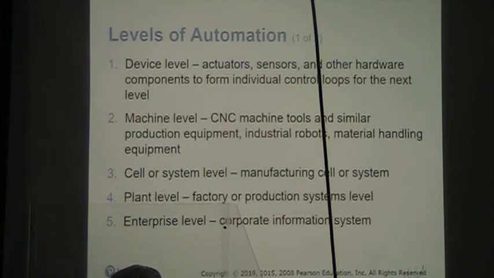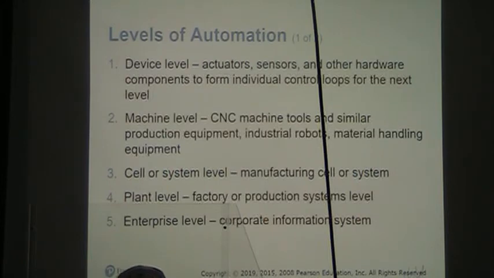It can be at the machine level, where CNC machine tools, other equipment like that, industrial robots, material handling equipment, is able to operate on its own, basically without supervision, except if there's a problem or there needs to be some kind of interruption because of loading and unloading the work, or that it's out of raw materials or whatever.